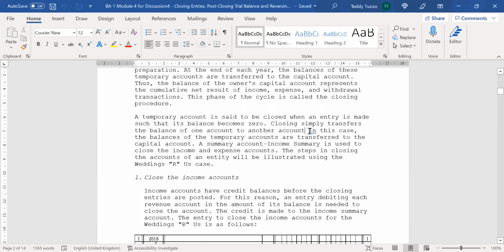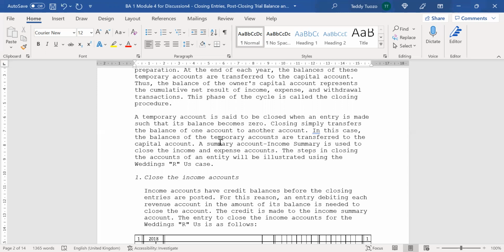In this case, the balances of the temporary accounts are transferred to the capital account. Later on, you will learn that the income and expense accounts are closed to the income summary account, and the income summary account is in turn closed to the capital account.